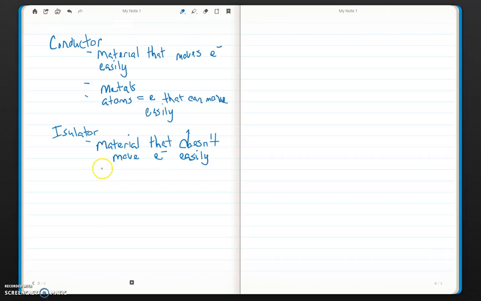That's it. From an atomic level, it's just that the electrons in these materials are held tightly together. Last thing we'll just say is plastics are probably the easiest thing to give an example for.